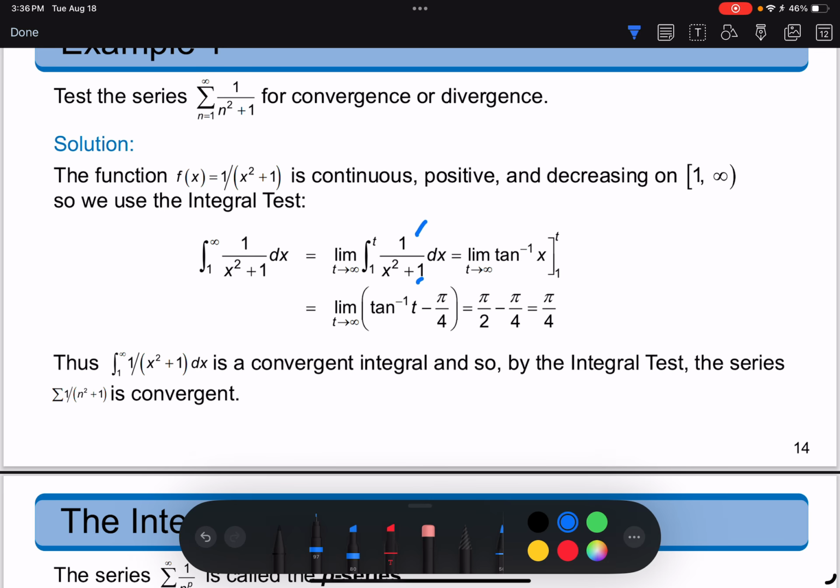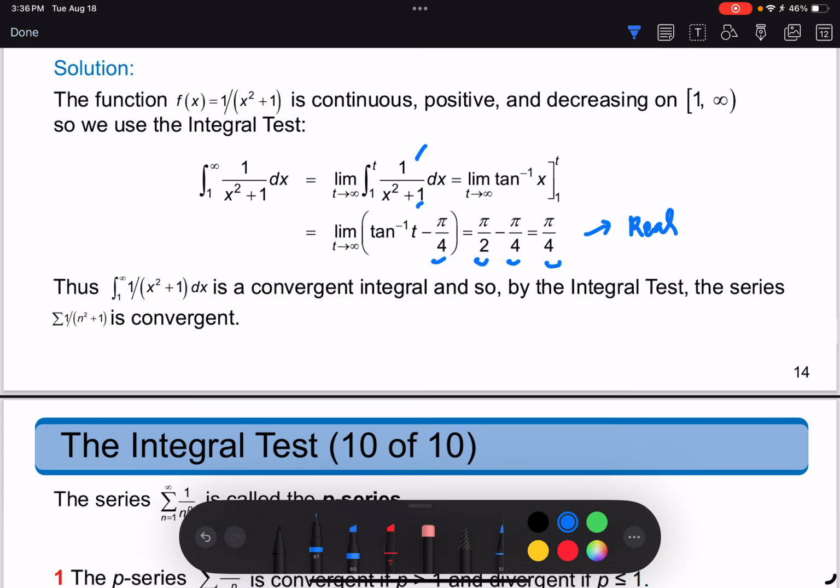Arctangent of infinity approaches 90 degrees or pi over 2, minus arctangent of 1, which is pi over 4. So pi over 2 minus pi over 4 is just pi over 4, which is a real number. Thus the integral from 1 to infinity is a convergent integral. So by the integral test, the summation of 1 over n squared plus 1 is convergent.